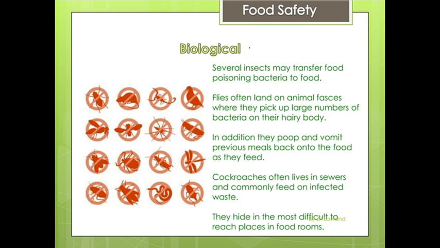Several insects may transfer food poisoning bacteria into a food. Flies often land on animal factors where they pick up a large number of bacteria on their hairy body. That's why I said to you that biological and microbiological contamination are the same, because here what we see is that the contamination is caused by the particular bacteria.